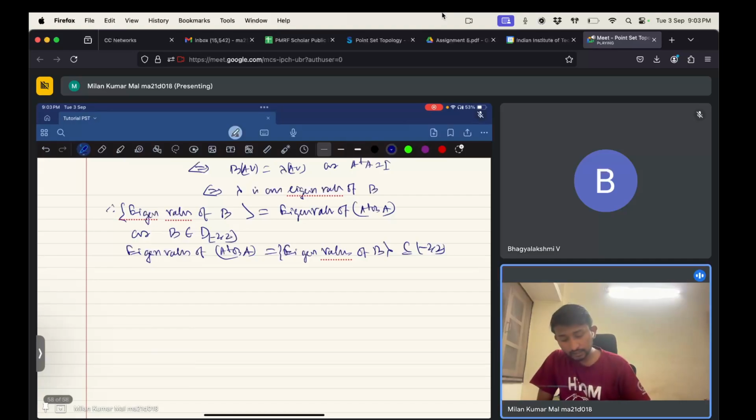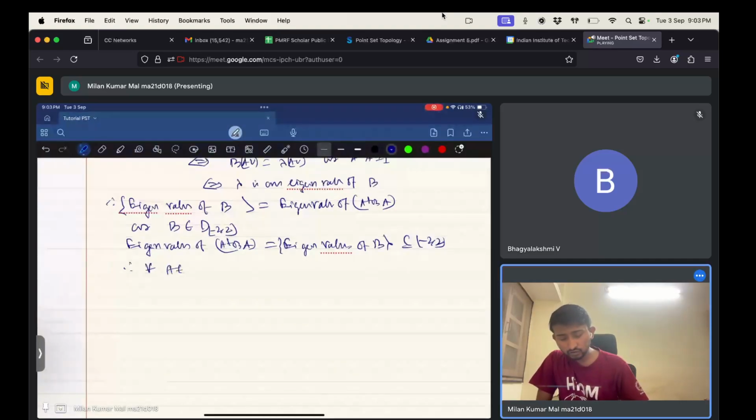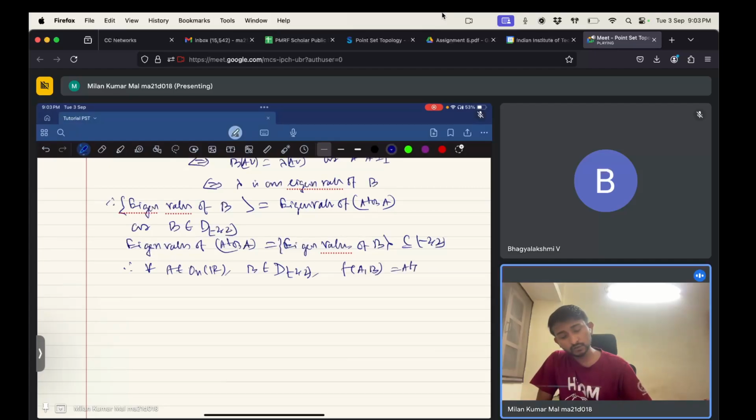Okay, so that means for all A belongs to O_n(R) and B belongs to this set D of minus 2 to 2, F of A comma B, which is equal to A transpose B A, sits inside the set X, which I have taken.